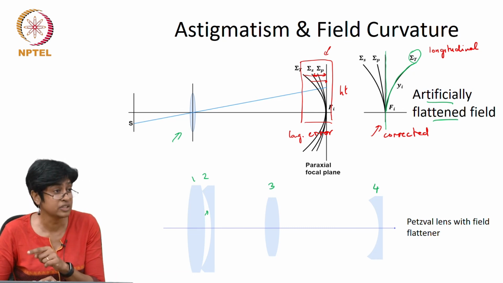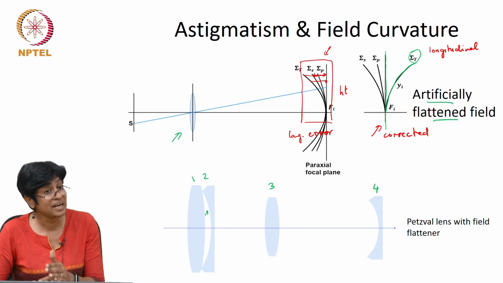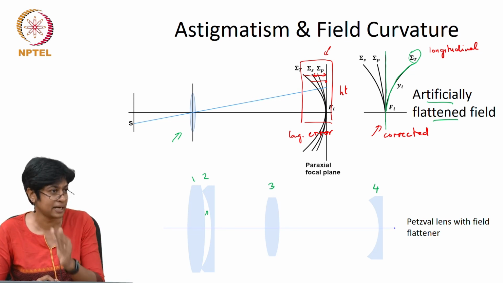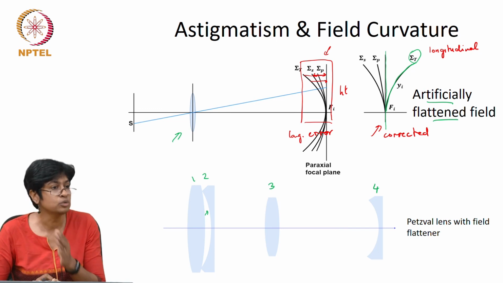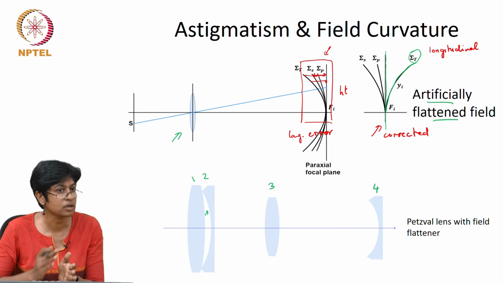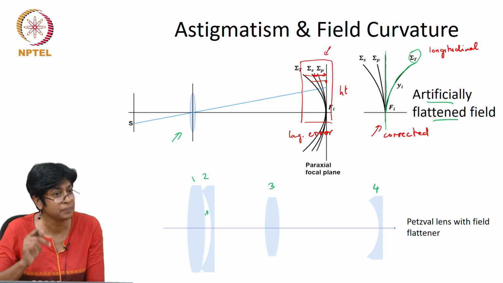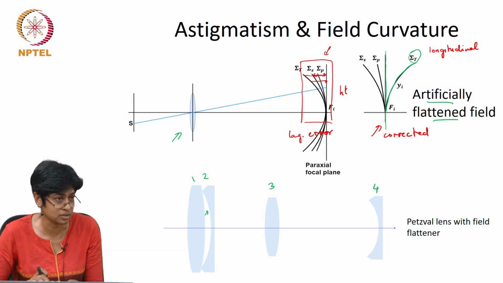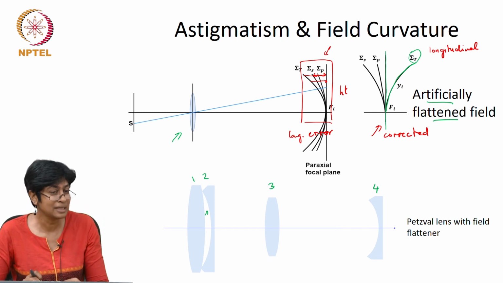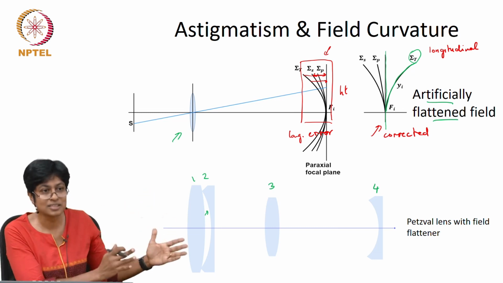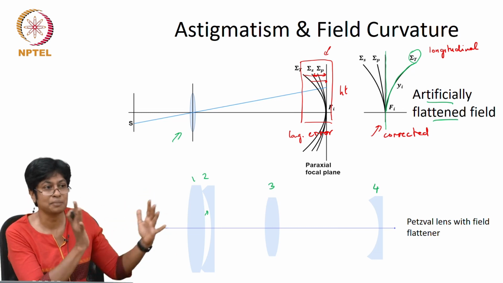But in field curvature, if you use the so-called paraxial plane, yes, you will see defocus, but if you developed a curved screen or a curved sensor, you would be able to get perfect focus, right? You're not compromising. There is perfect focus. So that's why right at the beginning, I had differentiated these 3, spherical, coma, astigmatism.